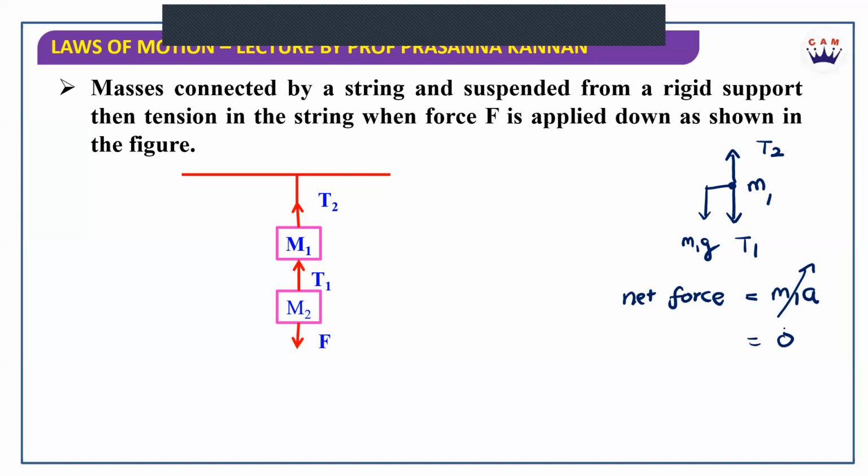M1G plus T1 minus T2. That's it. Is that clear, students? So you have an equation now. Or in other words, you can say T2 is equal to what? T1 plus M1G.